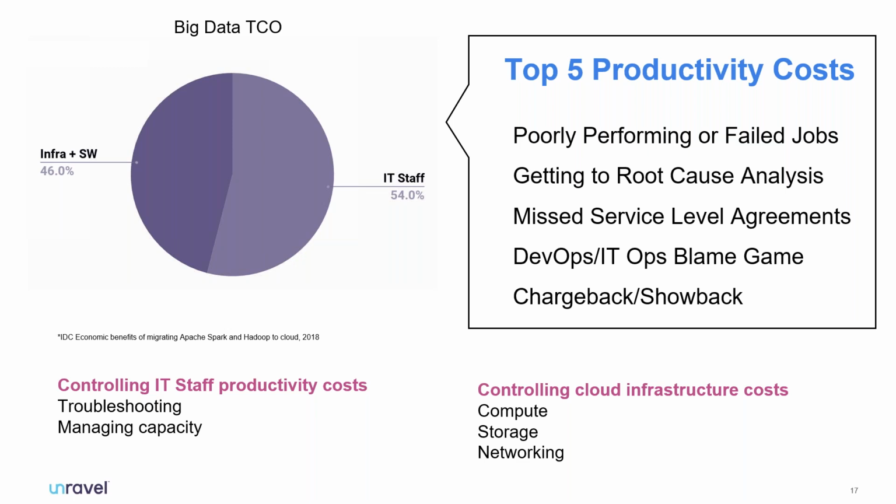It could quickly become untenable when you have that many jobs and are trying to monitor that many resources. So that's something that contributes to the productivity costs. The second one is finding root cause analysis. Getting to that root cause in an efficient, timely manner is another huge source of productivity cost.